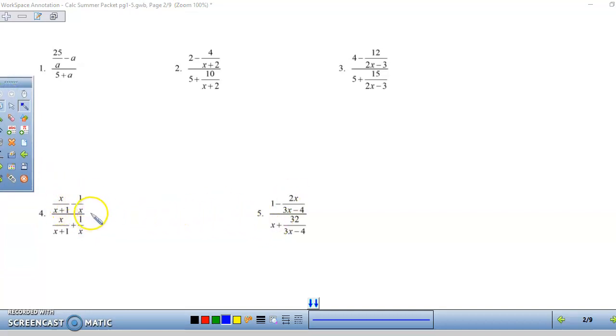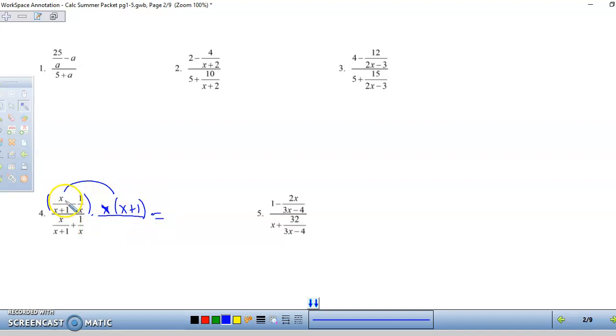Okay, so again, here we're going to multiply by something that'll cancel out all the small denominators. And so I need to combine both x and x plus 1. Both of those have to be multiplied in order to cancel both of the small denominators. So what I'm going to do is I'm going to take this whole entire expression and multiply it into the first guy.